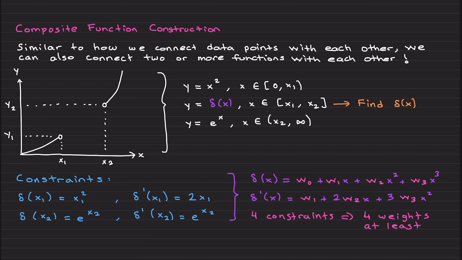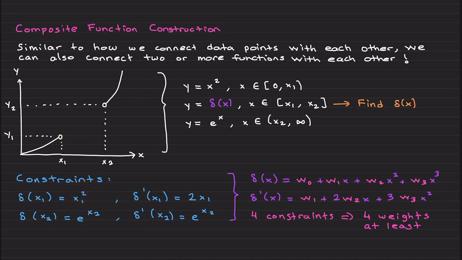First of all, delta that will connect these 2 functions at x1, delta of x1 will be x1 to the power of 2. I want that function to start exactly from this point. This first function is on an open interval from 0 to x1, so I am including x1 in this composite function such that this function must start from this point.